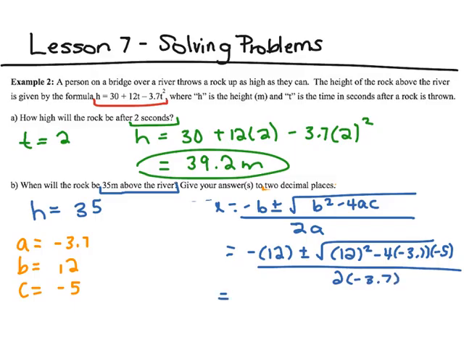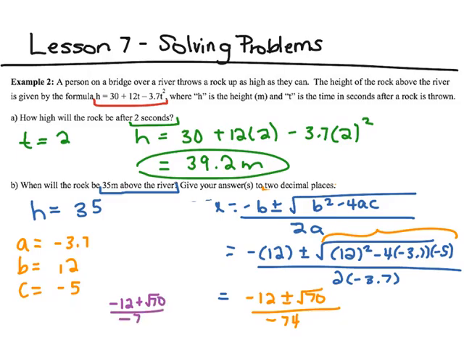Now I would ask you to simplify the radical in your calculator, so you should get negative 12 plus or minus the square root of 70 over 2 times negative 3.7, which is negative 7.4. So we have two answers. We have negative 12 plus root 70 over negative 7.4, and we have negative 12 minus root 70 over negative 7.4.